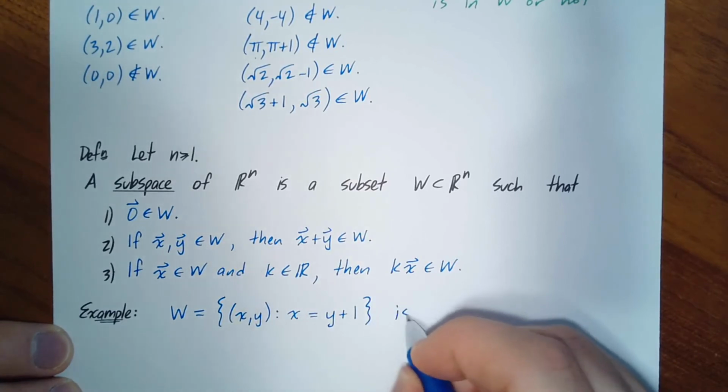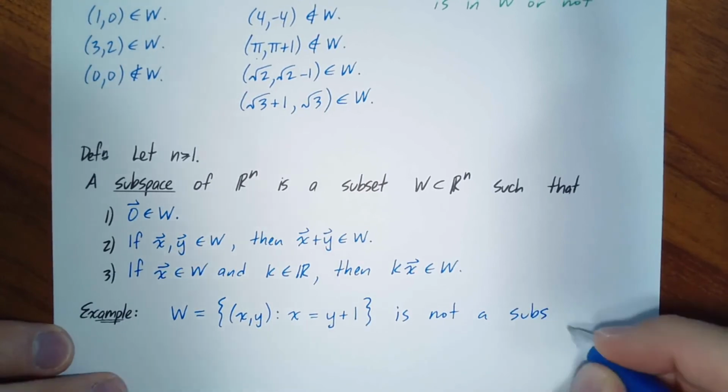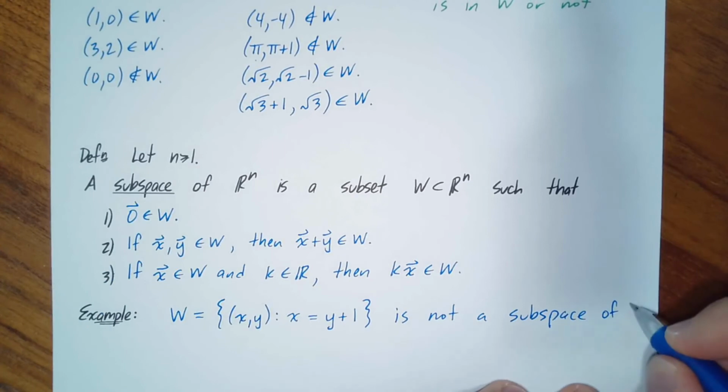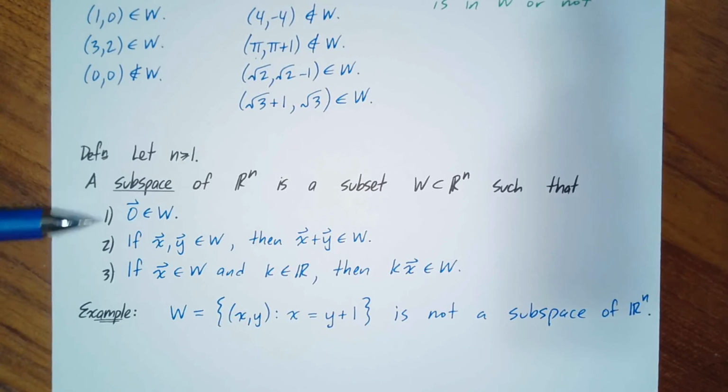And my claim to you is that this is not a subspace of Rn. So it's not a subspace of Rn, which means I'm saying that at least one of these three conditions fails. And I haven't told you which one yet. But here's a hint. It's on this page and it is visible right now on the screen.